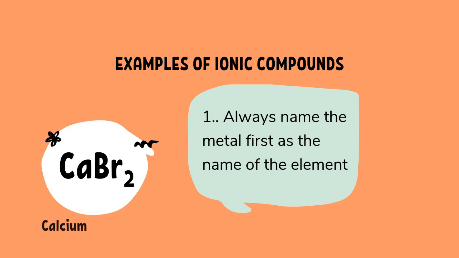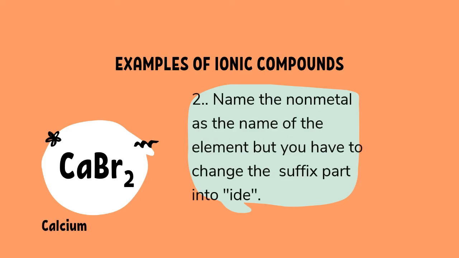And that is calcium. Now the second rule: we have to name the nonmetal as the name of the element, but you have to change the suffix part into IDE. The same procedure: whatever the name of the second element, which is non-metal, we just follow its name in the periodic table, which is bromine. However, we need to change the suffix part into IDE.